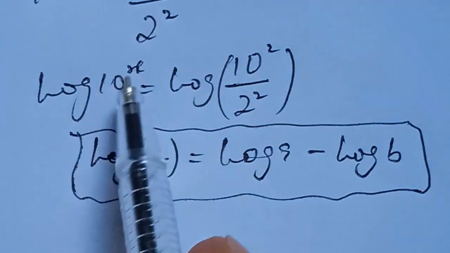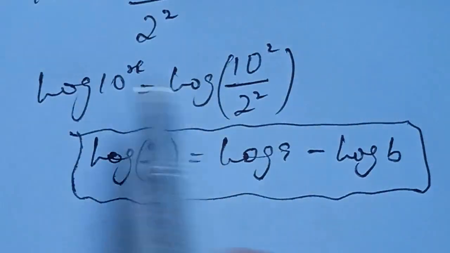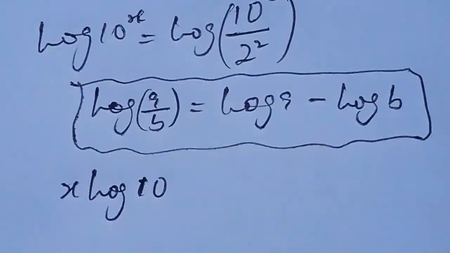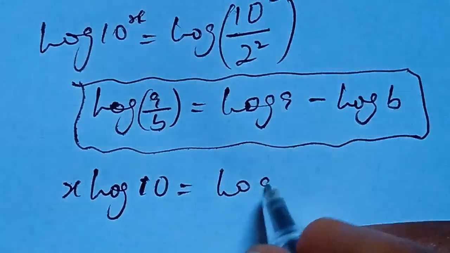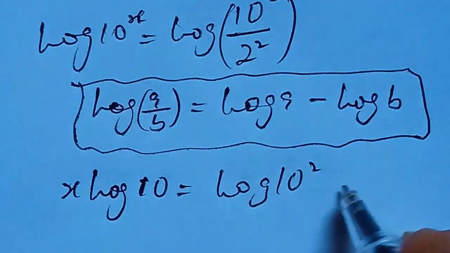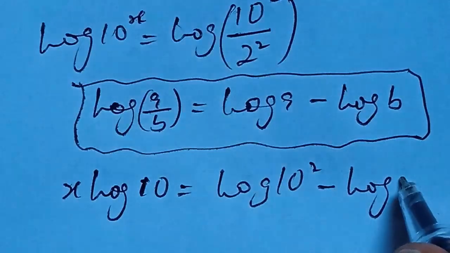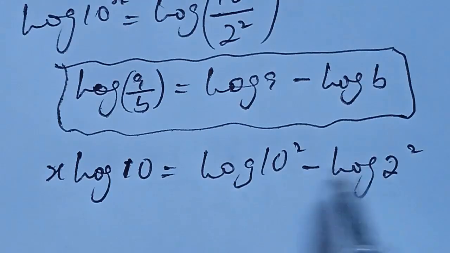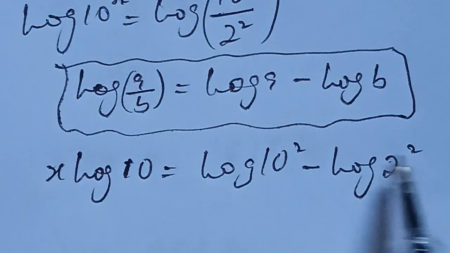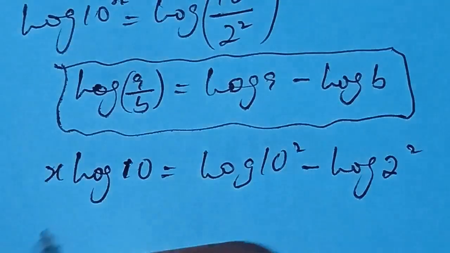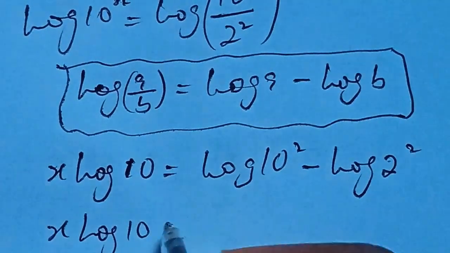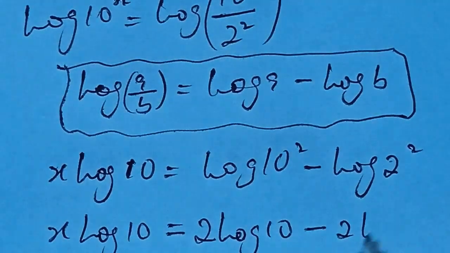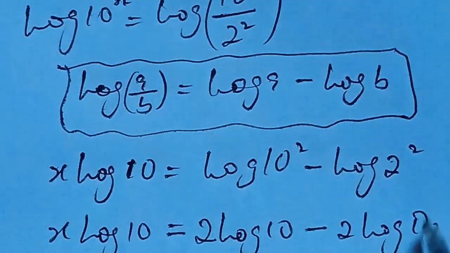For the left hand side, we can also bring x down to the base. So we have x log 10 equal to log 10 to the power of 2 minus log 2 to the power of 2. From here, we can also use our normal approach, bringing all this power down to the base as well. So we have x log 10 equal to 2 log 10 minus 2 log 2.